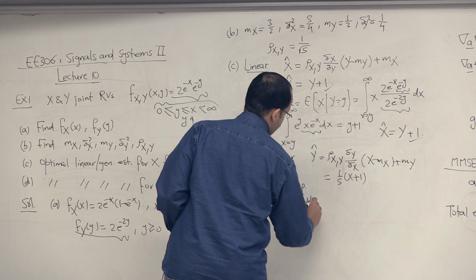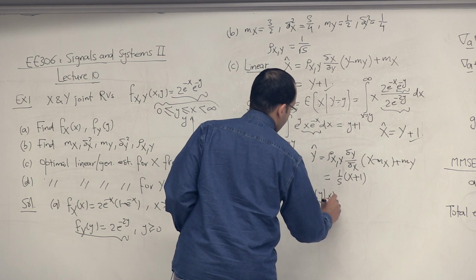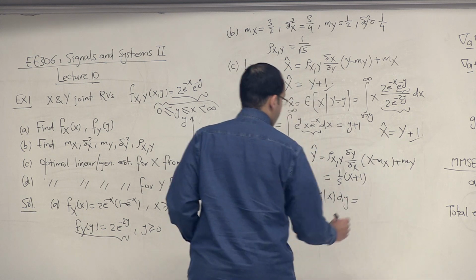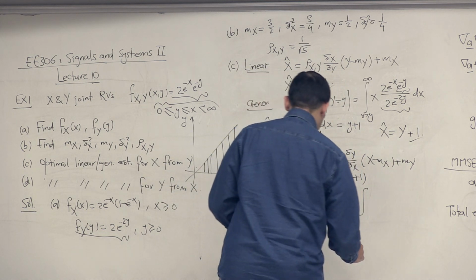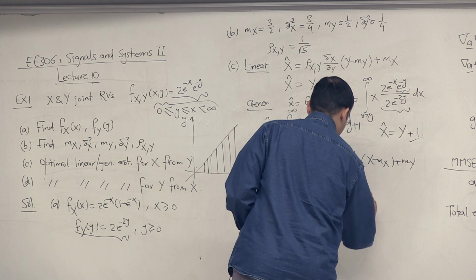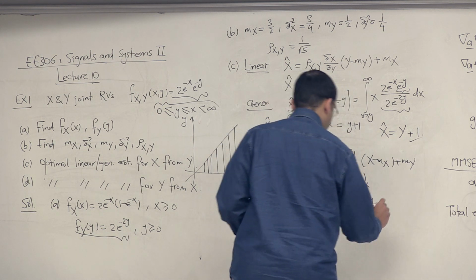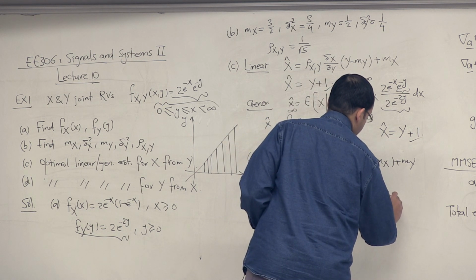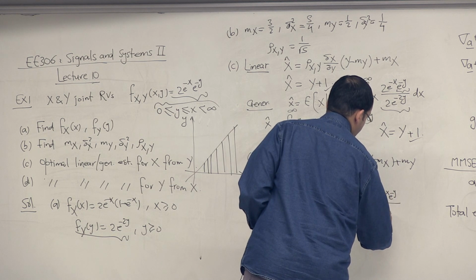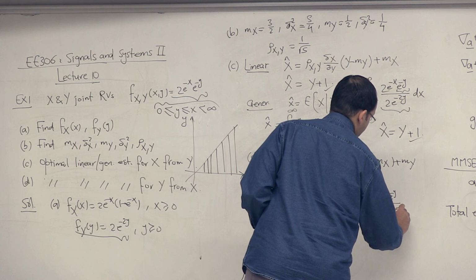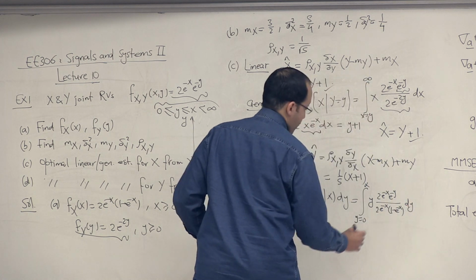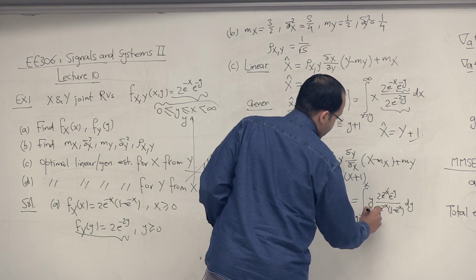This one is going to be f of y given x, y given x dy, which will be the integral y equals 0 to x, y 2 e to the minus x e to the minus y over 2 e to the minus x 1 minus e to the minus x dy. These terms cancel each other.